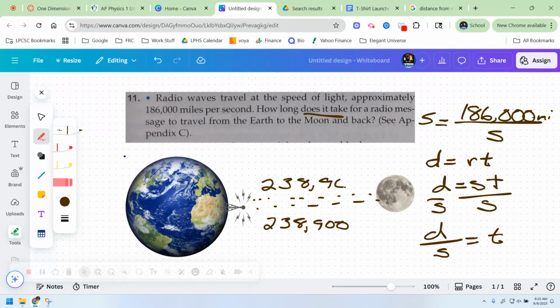This is an average, because when the moon is in orbit, sometimes it's further from the Earth and sometimes closer. Also, sometimes they measure from the center of the Earth to the center of the moon. It's hard to say, so I have a tolerance in there for the answer. Anyways, my total distance is 2 times this number.